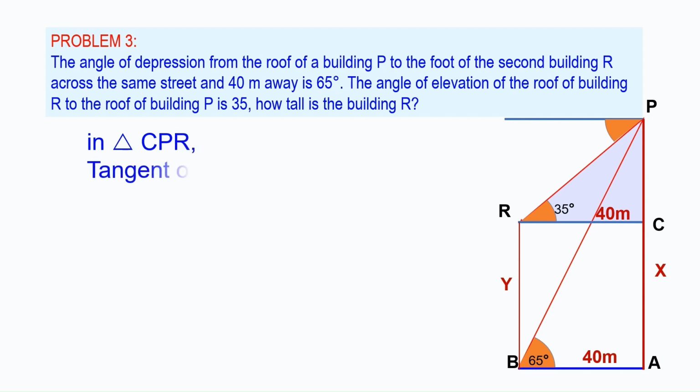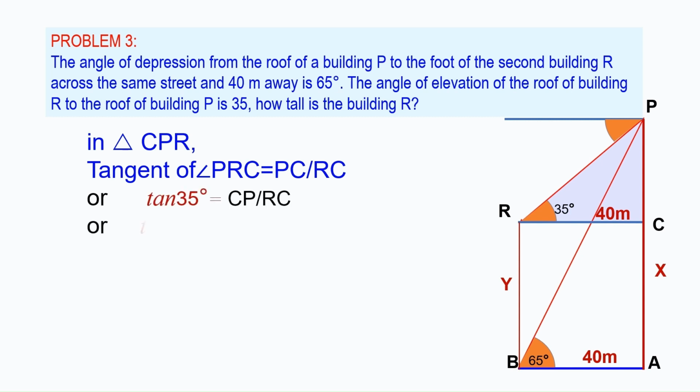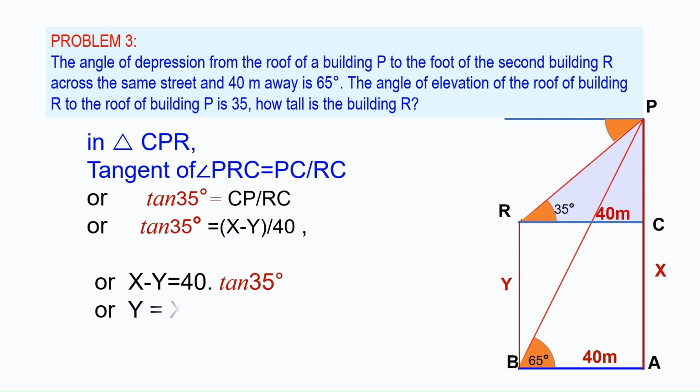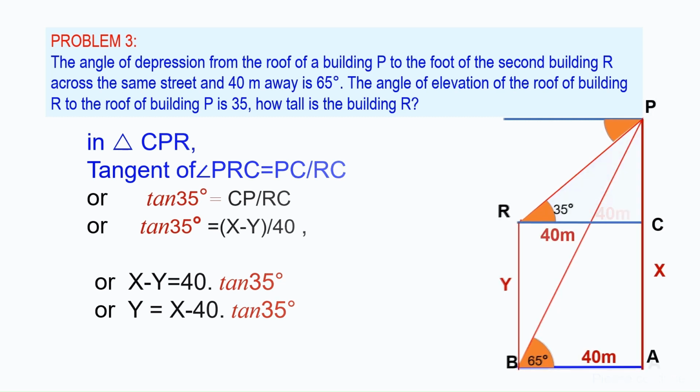In the triangle CPR, tangent of the angle PRC equals PC divided by RC, or tangent of 35 degrees equals x minus y divided by 40. So y equals x minus 40 times tangent of 35 degrees.